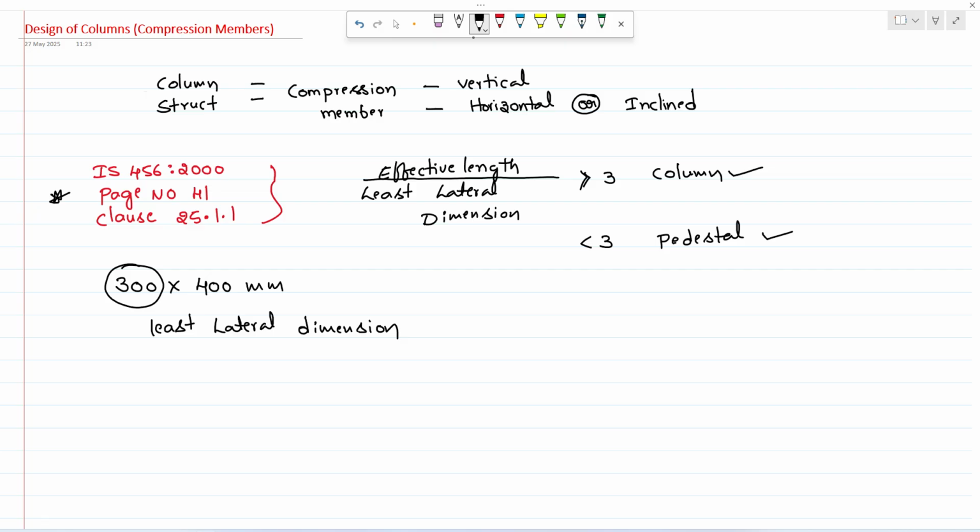Next we shall see classification of columns. So first type of classification will be based on cross section.